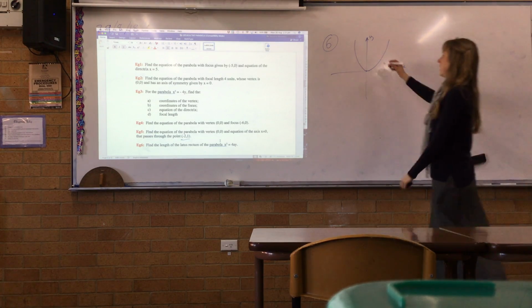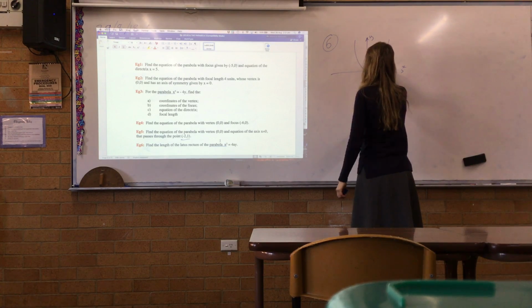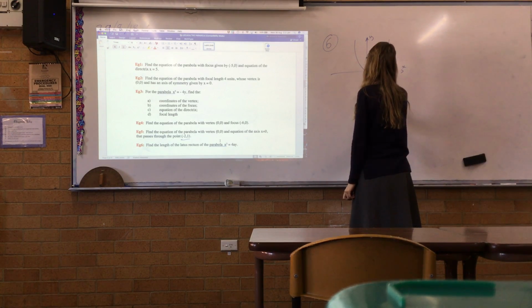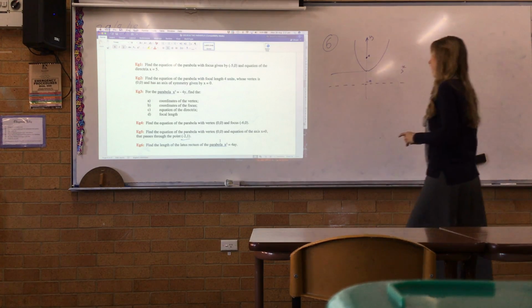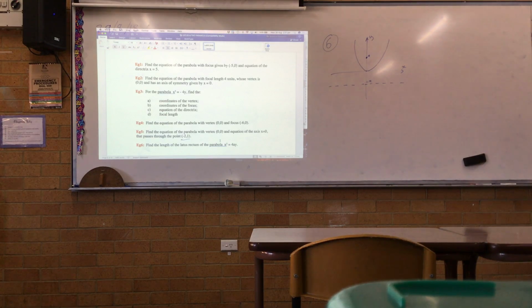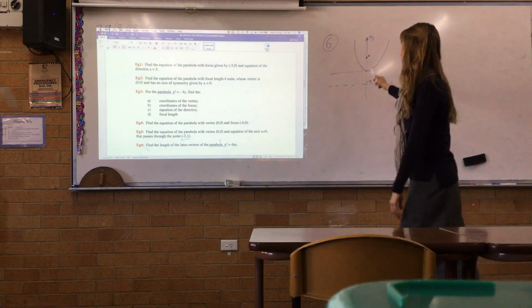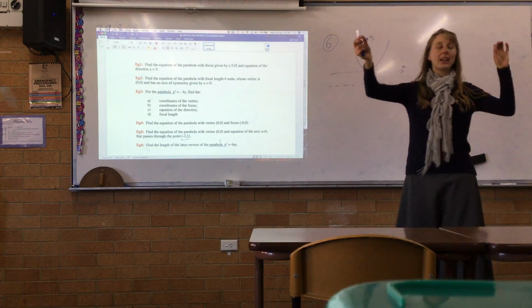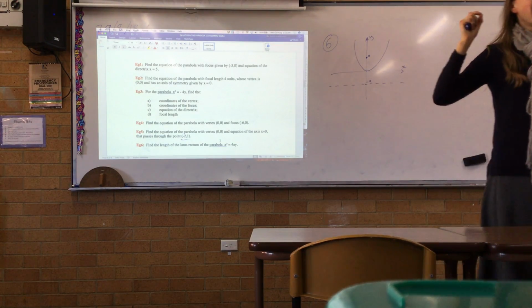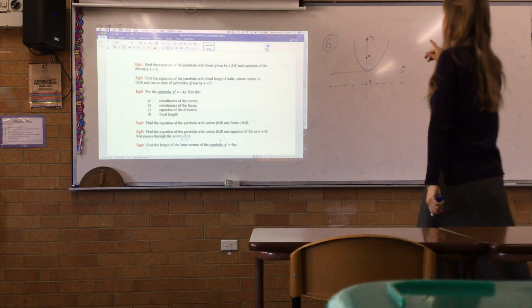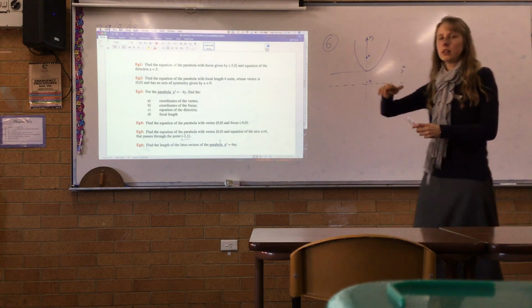We know that the focus is going to be a, and the directrix will be at negative a. So the latus rectum is a chord that connects one side of the parabola to the other and goes through the focus and is parallel to the directrix.